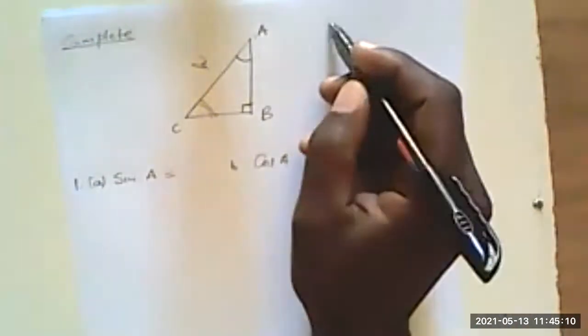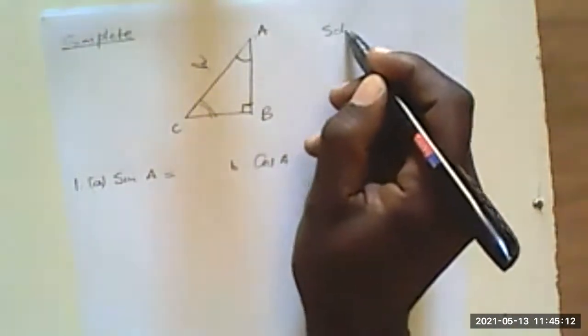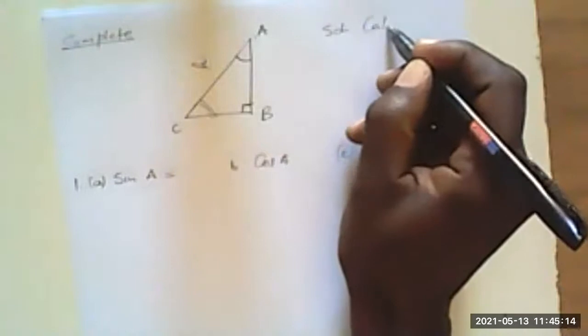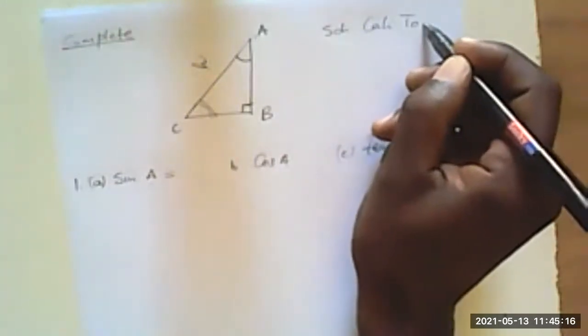So the point of reference is very important, guys. Our angle of reference is A. So what is the sine of A? Remember SOH CAH TOA.